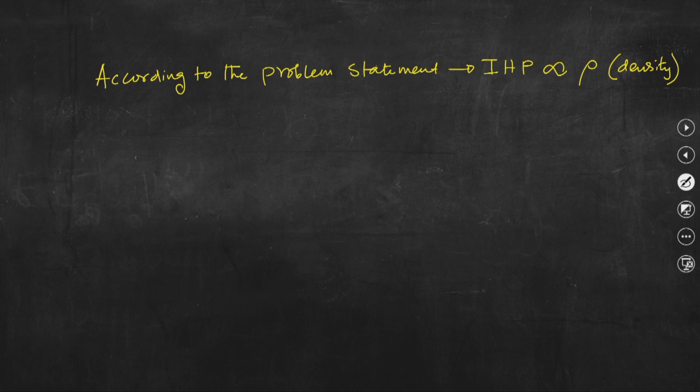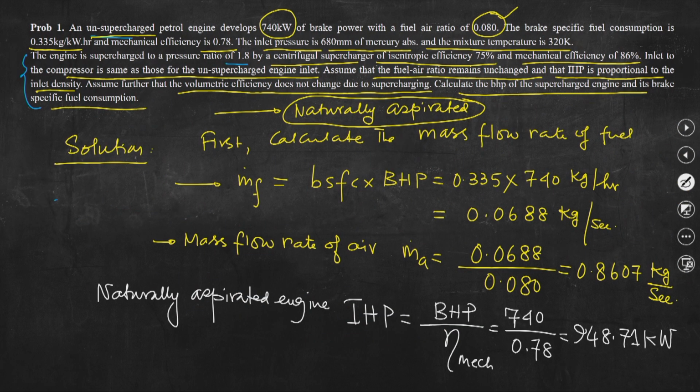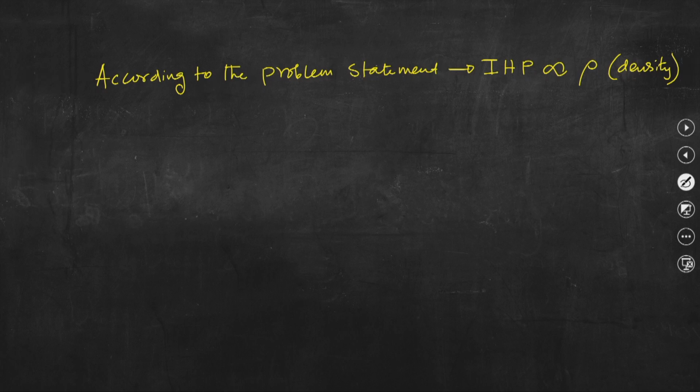If we go to the problem statement, let me check again. It is given that IHP is proportional to the inlet density, that means rho i. So, from there we can use the following expressions.